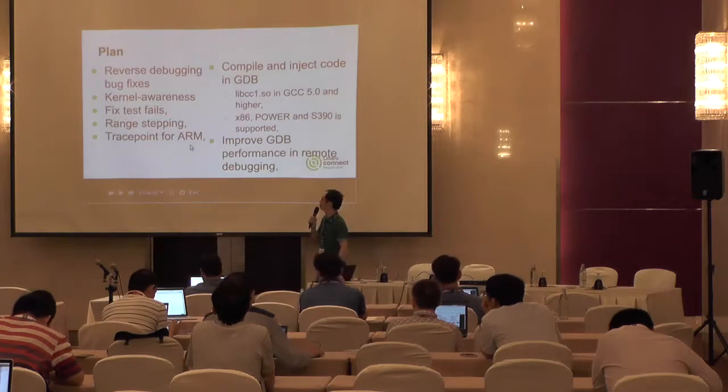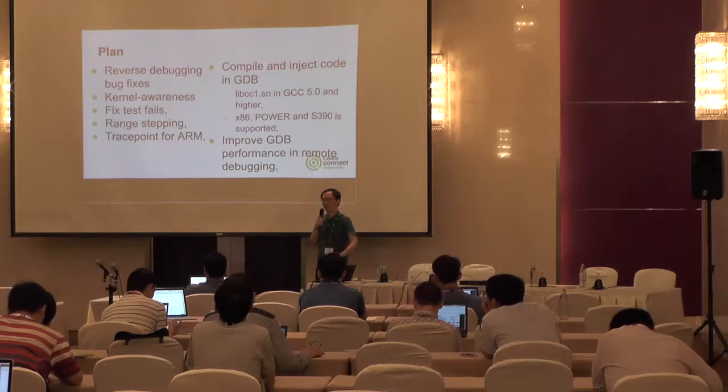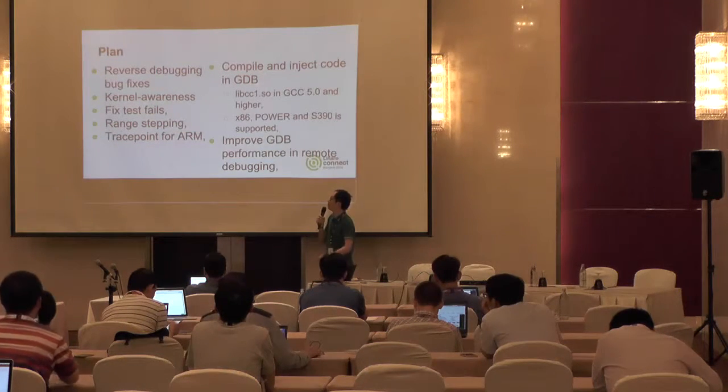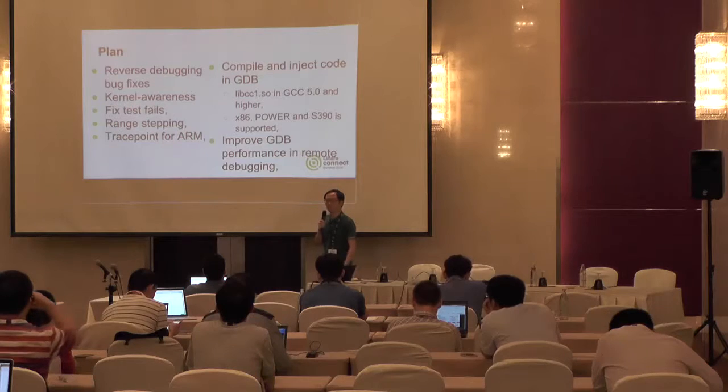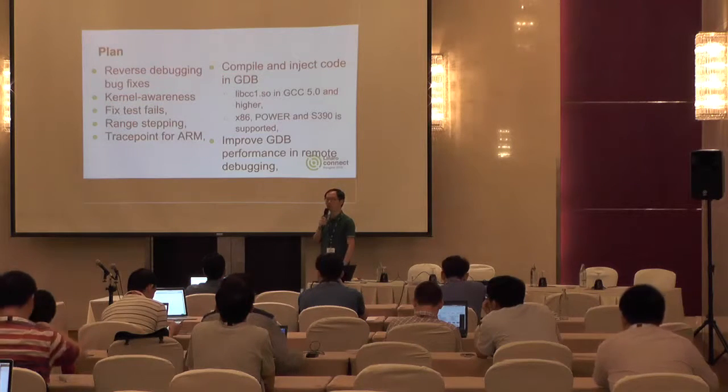Okay. So let's look at the plan, what I have in mind that we should do this year. Some bug fixes in reverse debugging, especially for ARM, because that was contributed by someone else many years ago and was not very carefully reviewed.